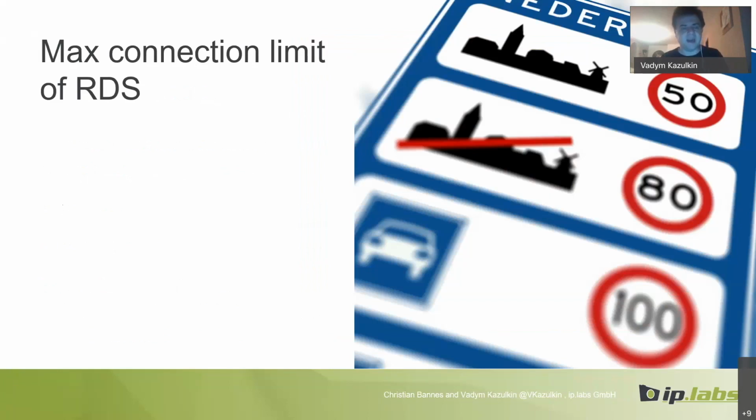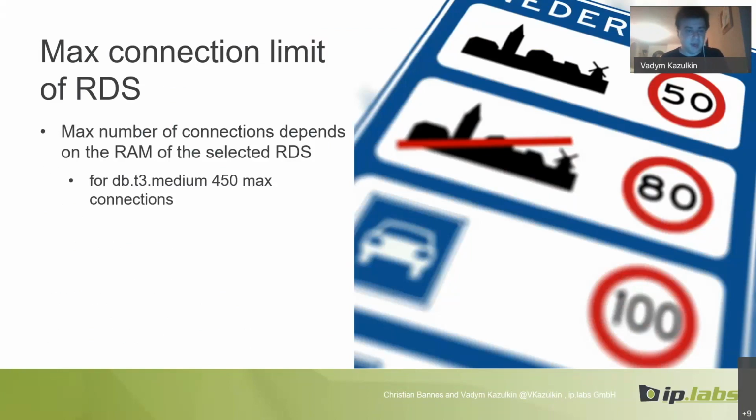And then there is another issue: you may run into the small connection limit of your relational database. Depending on the database selected, it will be doubled to 900 if the instance is that large.